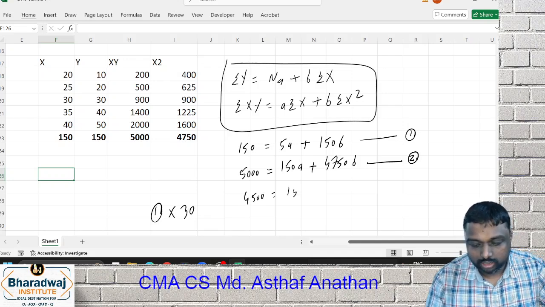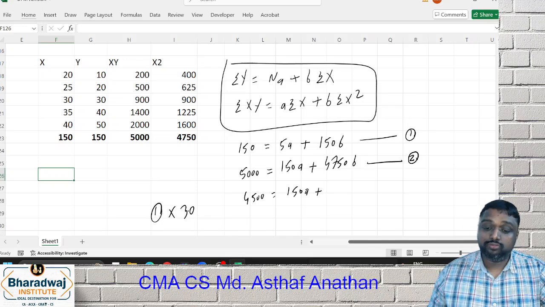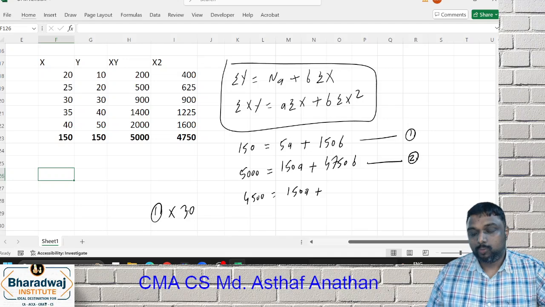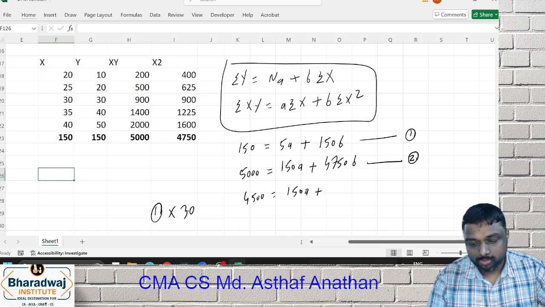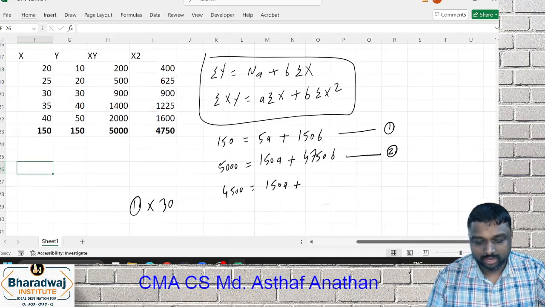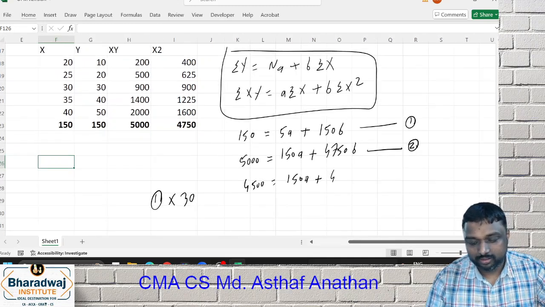Here you will get 150 into 30 again, only 4500. This is equation 3.